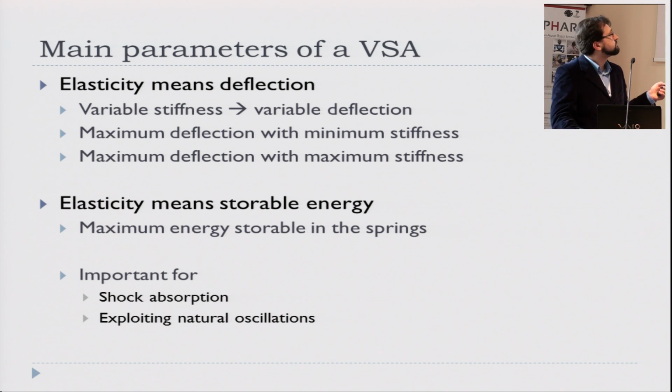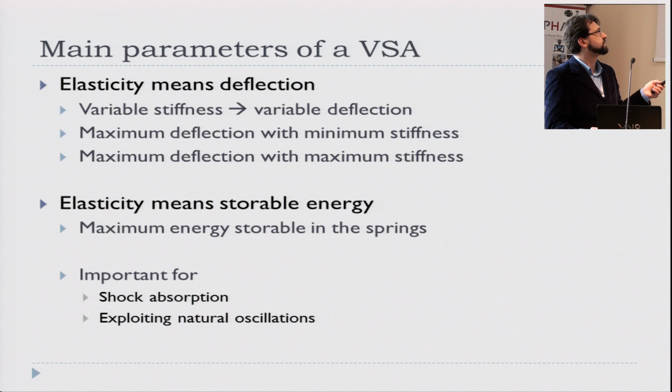Also, other important parameters are related to the elasticity. Elasticity means deflection. So variable stiffness means variable deflection. What you need to know, because it's a matter of robustness of your control, is where your links are ending if you have an external torque, that is, the maximum deflection that you have with the different values of stiffness.